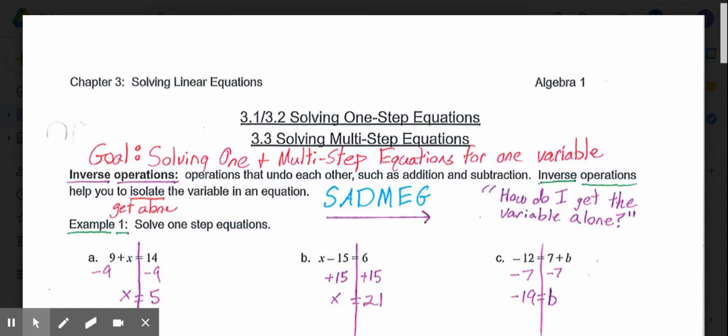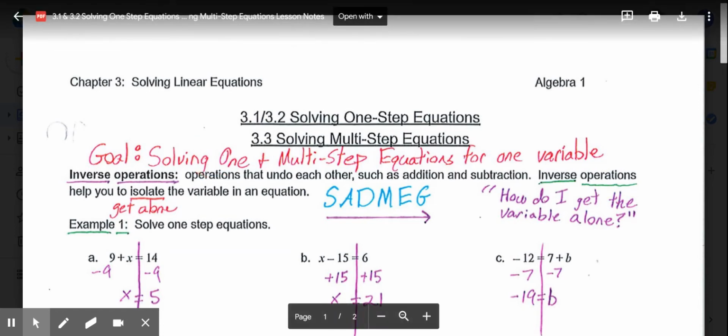You'll see that this note sheet also contains lesson 3.3, solving multi-step equations. It only made sense to keep our initial notes on solving equations in the same place, so we will continue on these sheets with lesson 3.3 in our next video. Our goal for today is simply to solve one-step equations. We'll come back to the multi-step, and we're solving them for one variable.